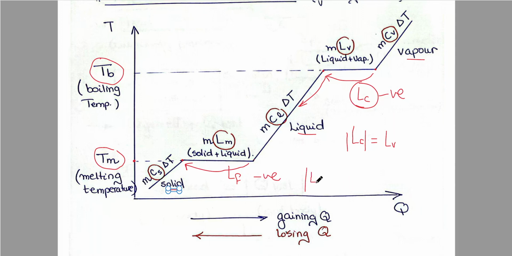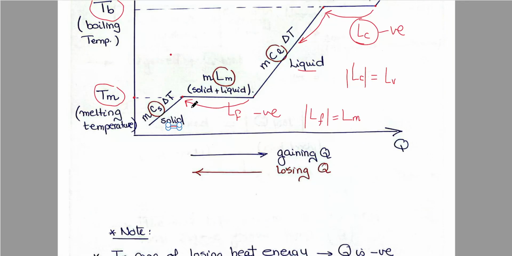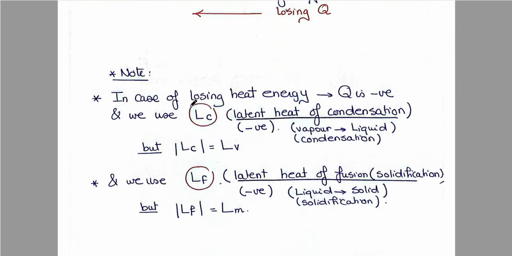So latent heat of fusion as an absolute value equals latent heat of melting. Same amount. This process is called vaporization. The opposite is called condensation. This process is called melting. The opposite is called fusion or solidification. This was the general graph of the relation between T and Q.